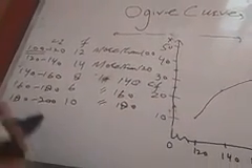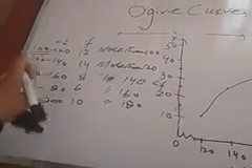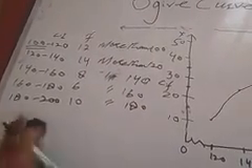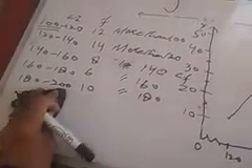This is the cumulative frequency of this graph. Now write down this table in a separate notebook first, so that you will understand the question very well. I will now rub this.